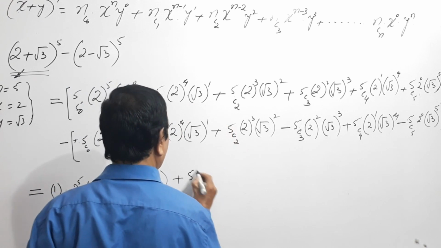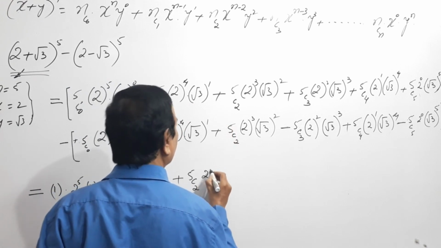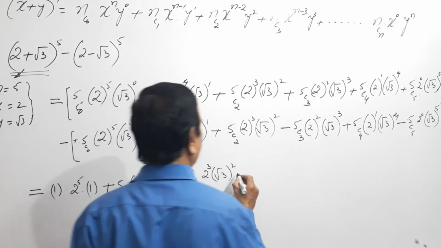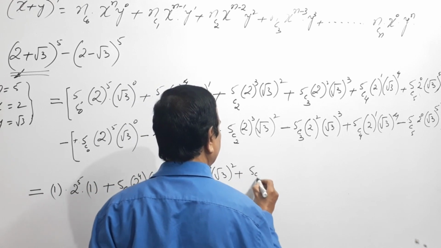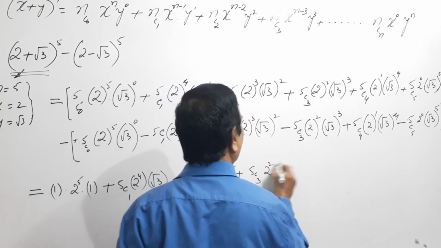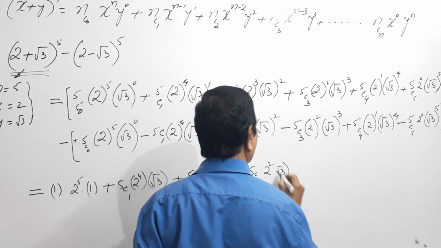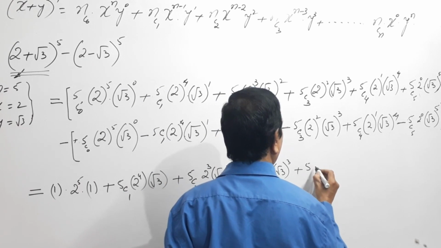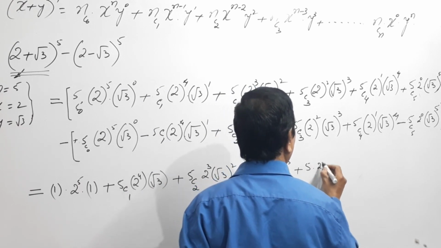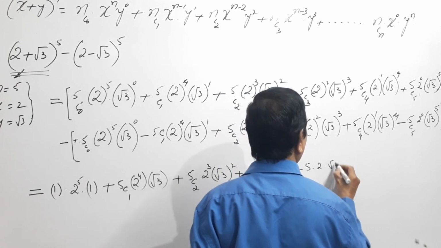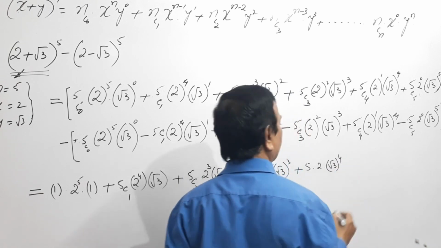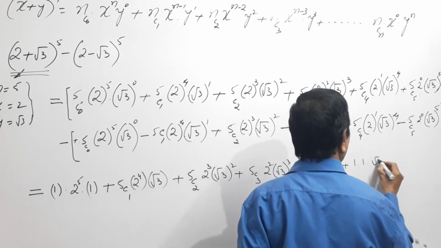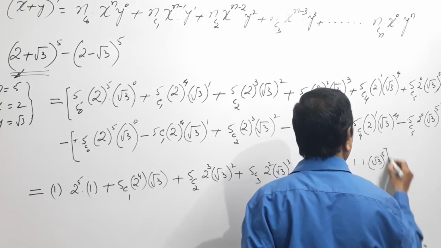plus 5C2 2 to the power of 3 root 3 the whole square plus 5C3 2 to the power of 2 root 3 the whole cube plus 5 into 2 to the power of 1 into root 3 to the power of 4 plus this becomes 1, again this is 1, that is root 3 to the power of 5.